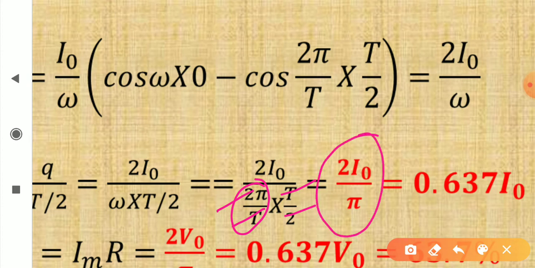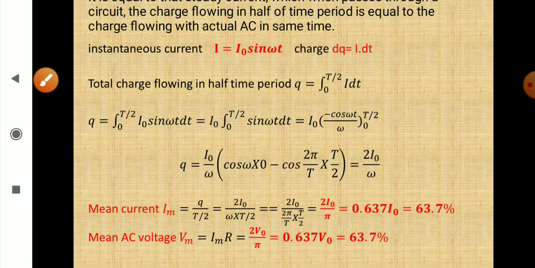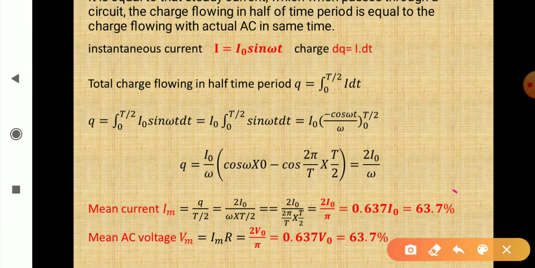So this is the value of mean current, and if you put the value of pi here and simplify, you will get 0.637 I naught, and it is 63.7% of the peak current.